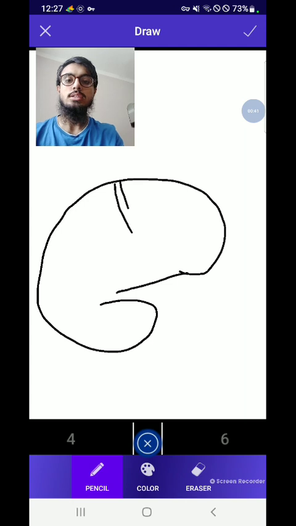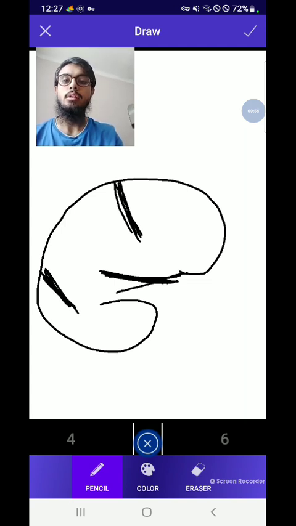Guys, you know this is the central sulcus of the brain. This is the lateral sulcus of the brain. This is the parieto-occipital sulcus of the brain. Okay, so I have to label it.